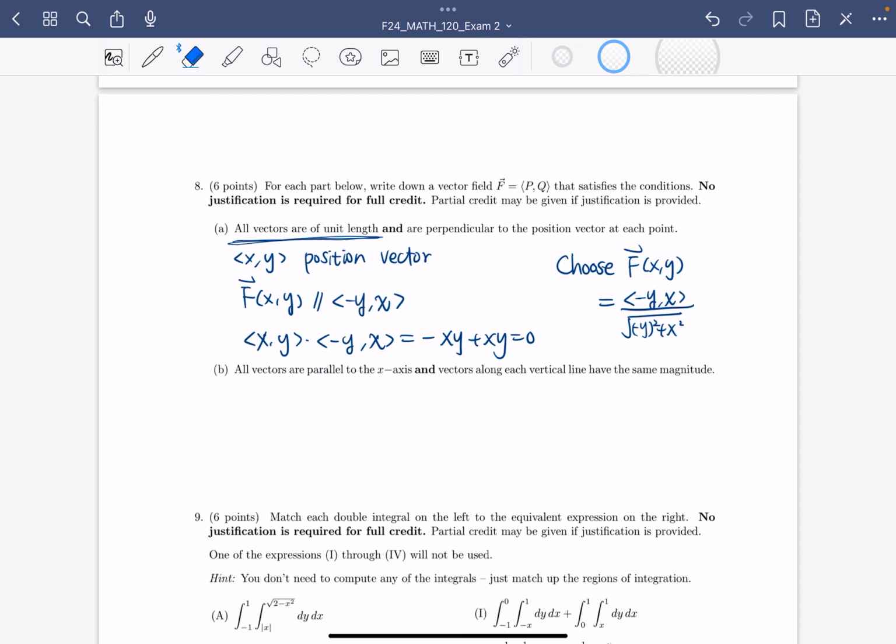So this is a vector of unit length because we've divided the vector right here by its length.